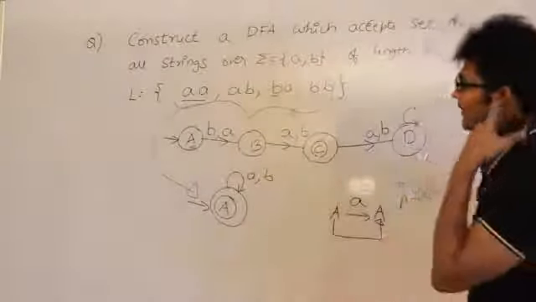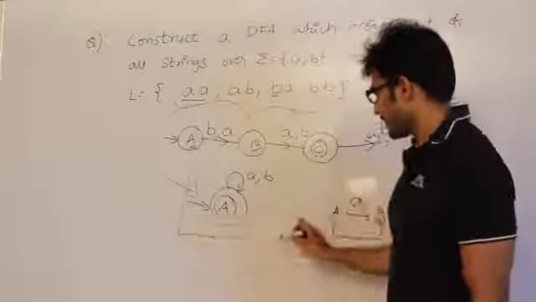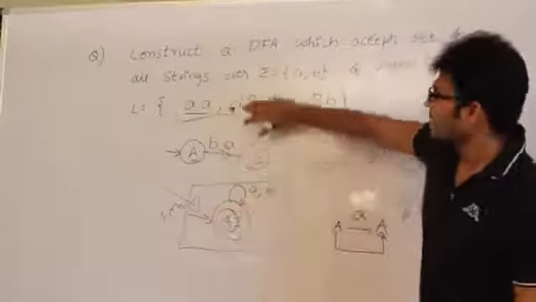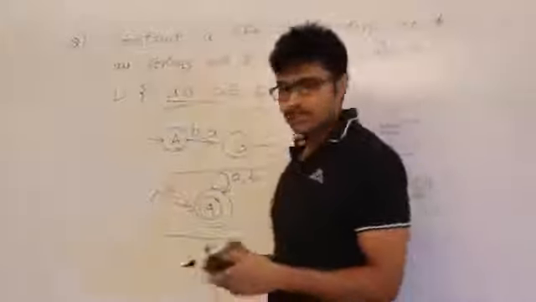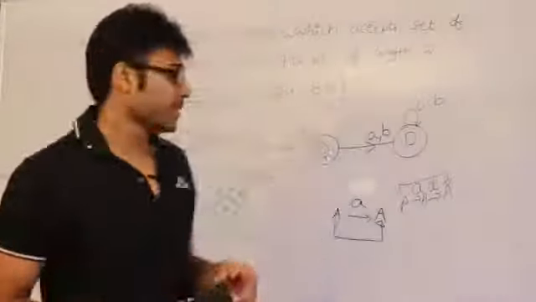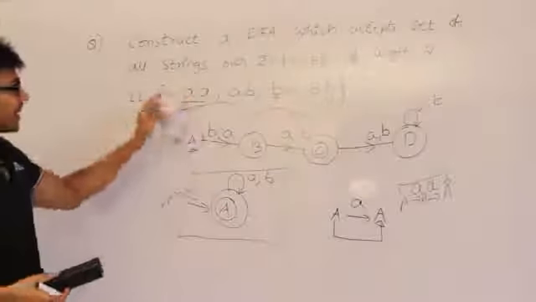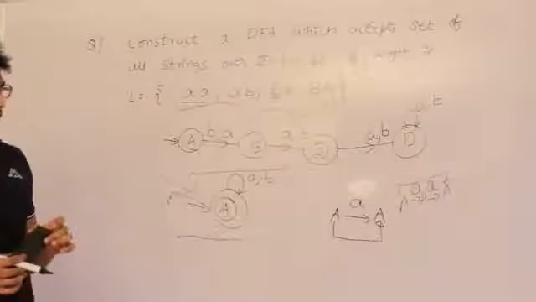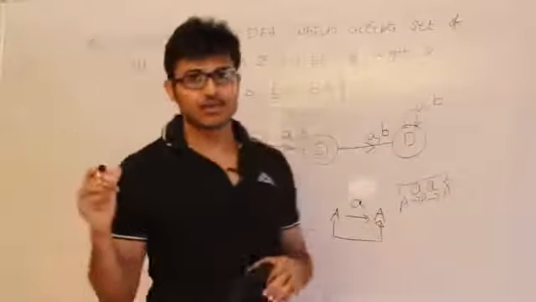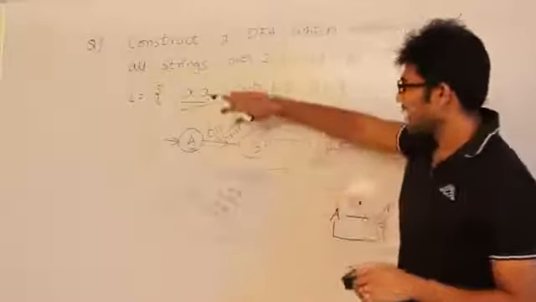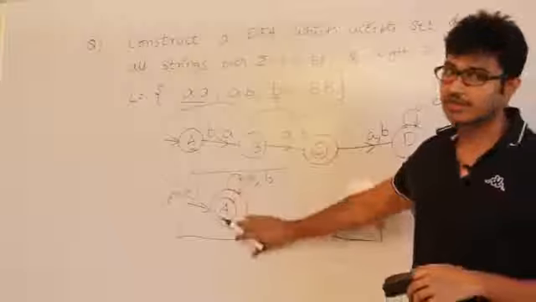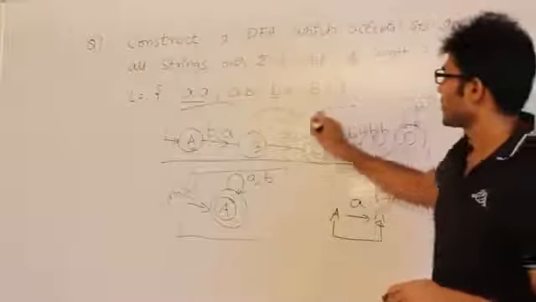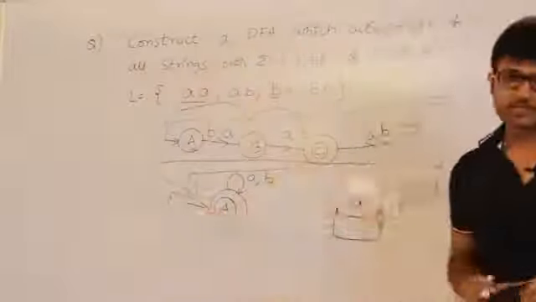But then you should not say that this finite automata, let us call it finite automata 2, accepts this language, because according to the definition of acceptance of a language, a finite automata is said to accept a language if it accepts all the strings in the language, as well as it rejects all the strings which are not present in the language. But if you look at this, we are accepting all the strings in the language as well as all the strings which are not in the language. Therefore, the first finite automata is the exact or required automata for our language, and not this second one. Got it?